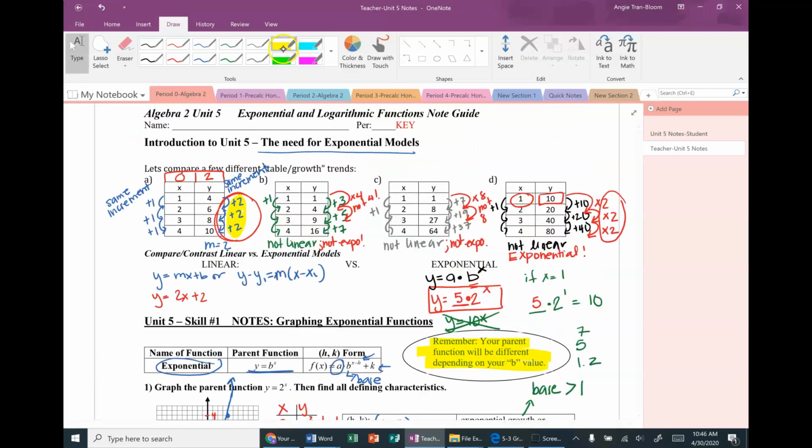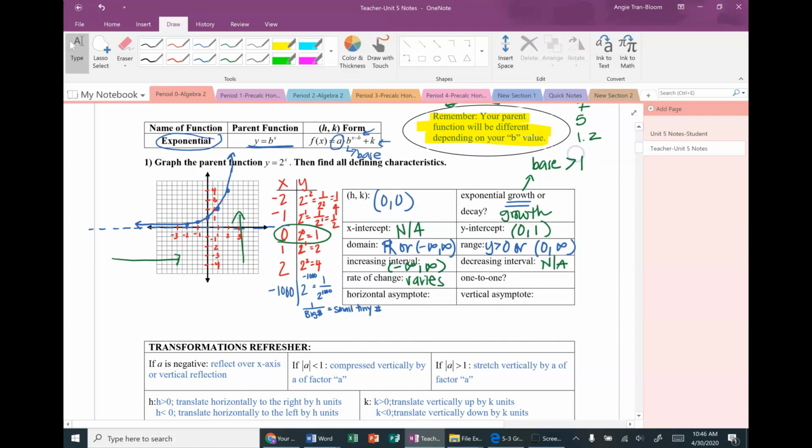On this question right here, that's an exponential, and when we were doing the addition, can you see that the rate of change changed from 10 to 20 to 40? That's why we say it varies. It is definitely one-to-one, so we don't have any vertical asymptote, but we have a horizontal asymptote, and it is at y equals 0.